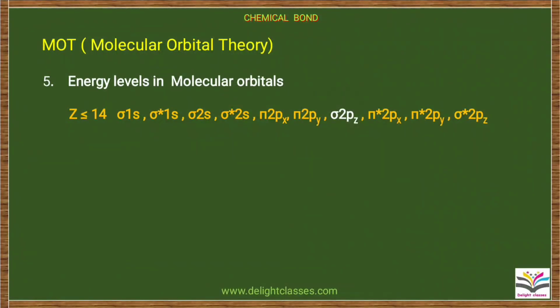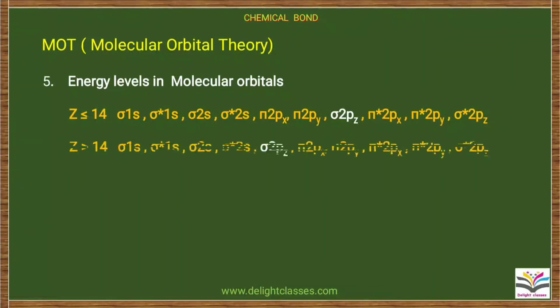Z less than or equal to 14: sigma 1s, sigma star 1s, sigma 2s, sigma star 2s, pi 2px, pi 2py, sigma 2pz, pi star 2px, pi star 2py, sigma star 2pz. Z greater than 14: only difference, sigma 2pz comes earlier.